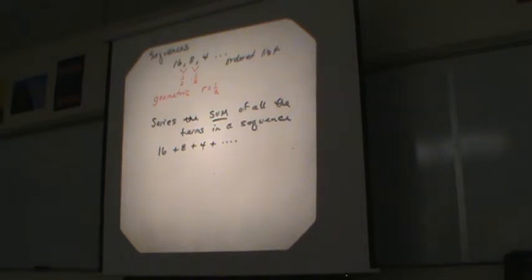If you added the terms forever, would there be a cap on how big the sum will ever get, or will it just keep getting bigger? And the game we always play, and this is always how you'll see it written, is: does the series, which means the sum of all the terms, converge or diverge? Which basically means, is the sum just going to keep getting bigger, or is the sum going to have a limit to how big it will ever get?